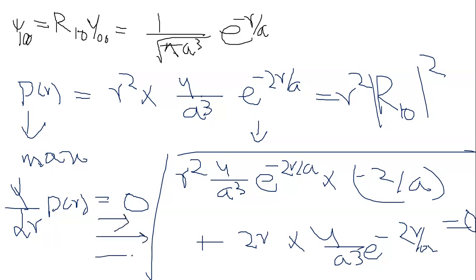So keeping r square fixed, we differentiate e to the power minus 2r by a, giving a factor of minus 2 by a, and again taking the derivative of r square gives 2r, and the remaining is present.